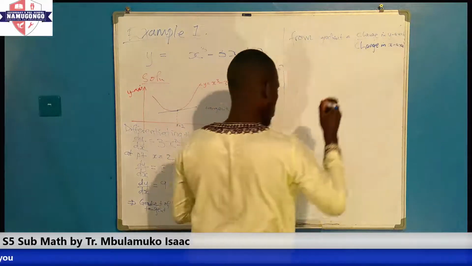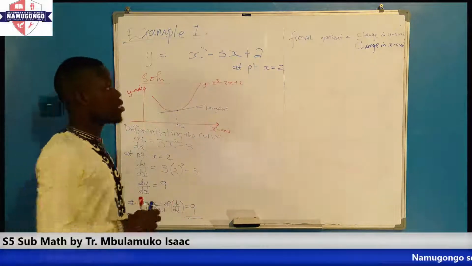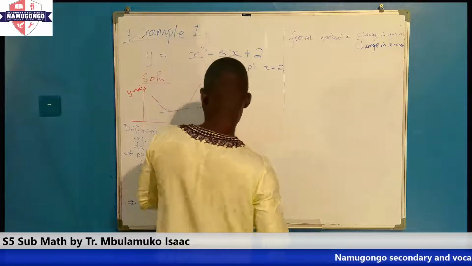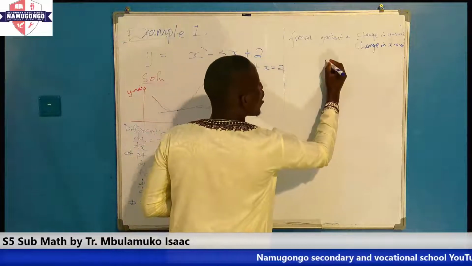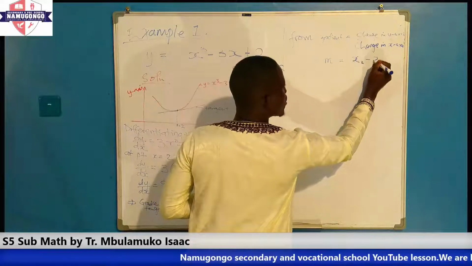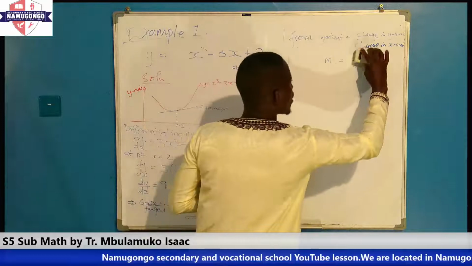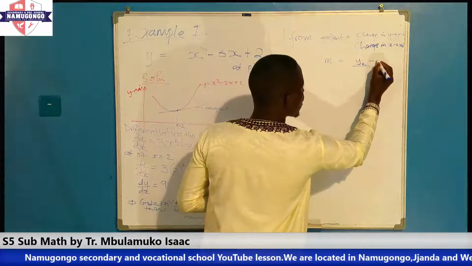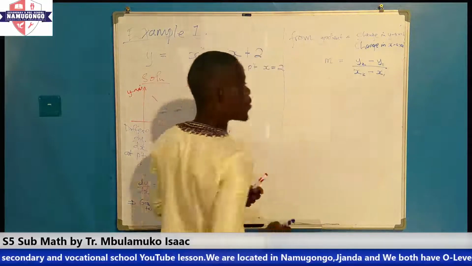Axis. So now we have the gradient, and the gradient we are going to use is of the tangent. So it should be 9, but we don't have the value for y because we want to have this formula: y2 minus y1 divided by x2 minus x1.